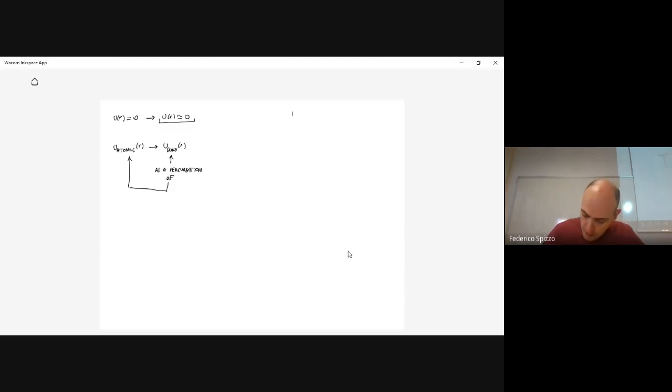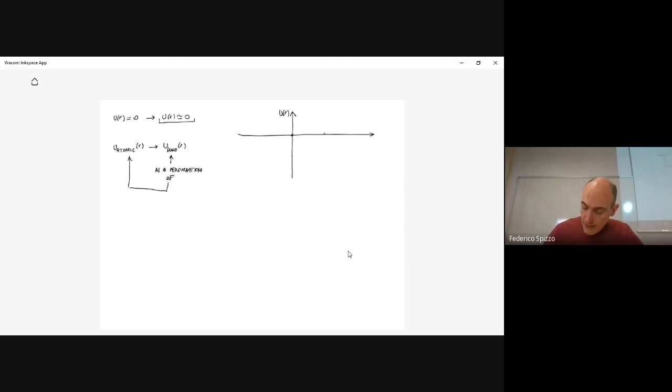If we suppose to use this diagram where in the vertical axis we plot the value of the potential, and on the horizontal axis we plot the position.